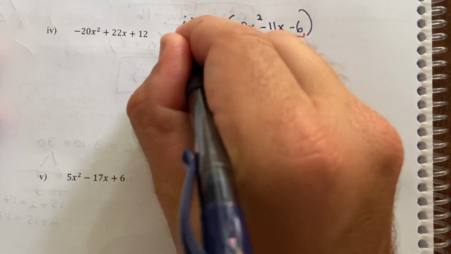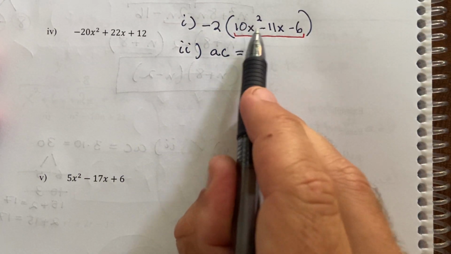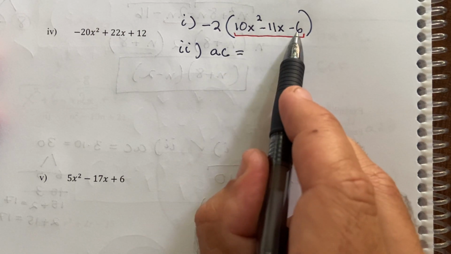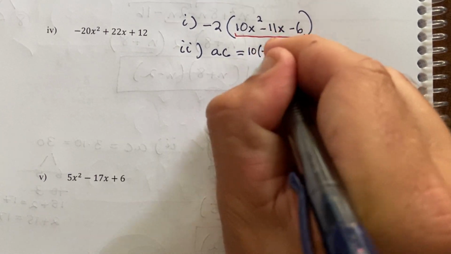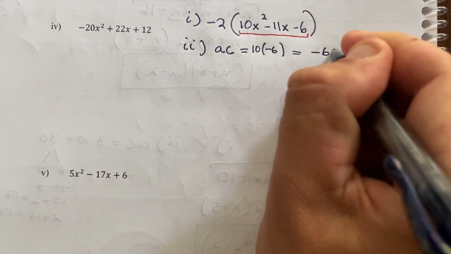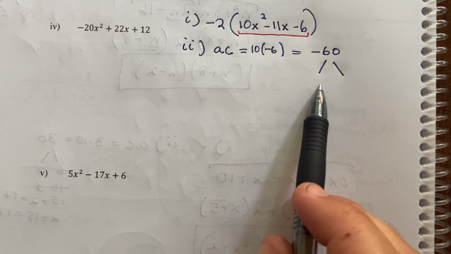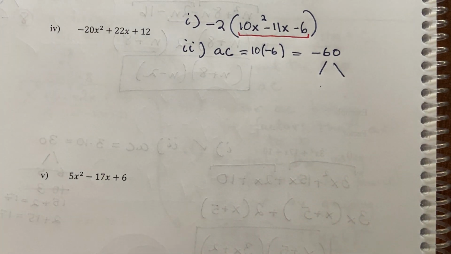So part 2, when I do A times C, I'm now using this A and that C. So 10 times -6 is -60. And then I'm looking to see if we can figure out factors of -60 that add up to -11.